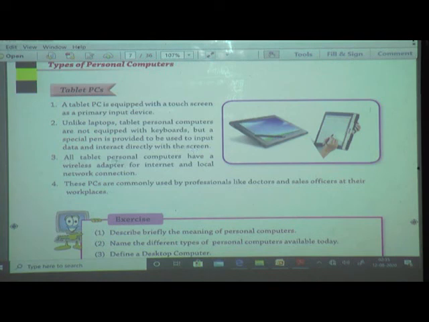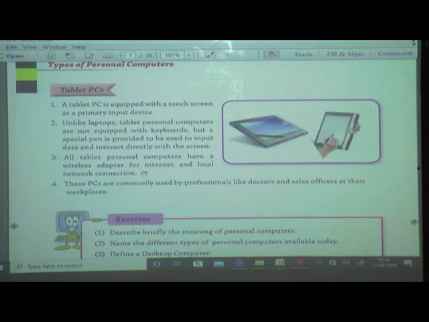All tablet personal computers have a wireless adapter for internet and local network connection. If you want to connect to the internet, then a wireless adapter is there.